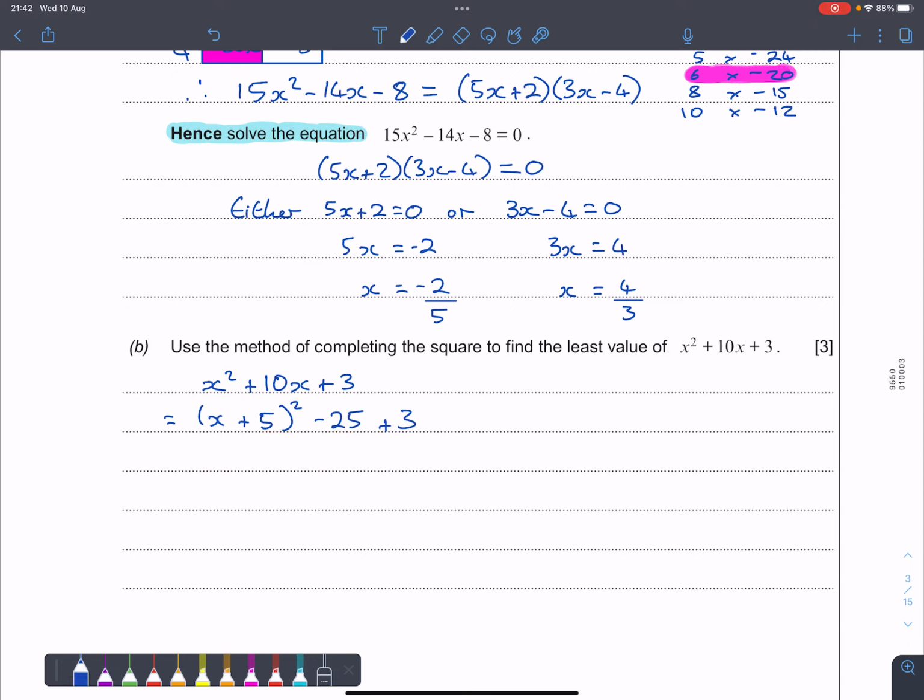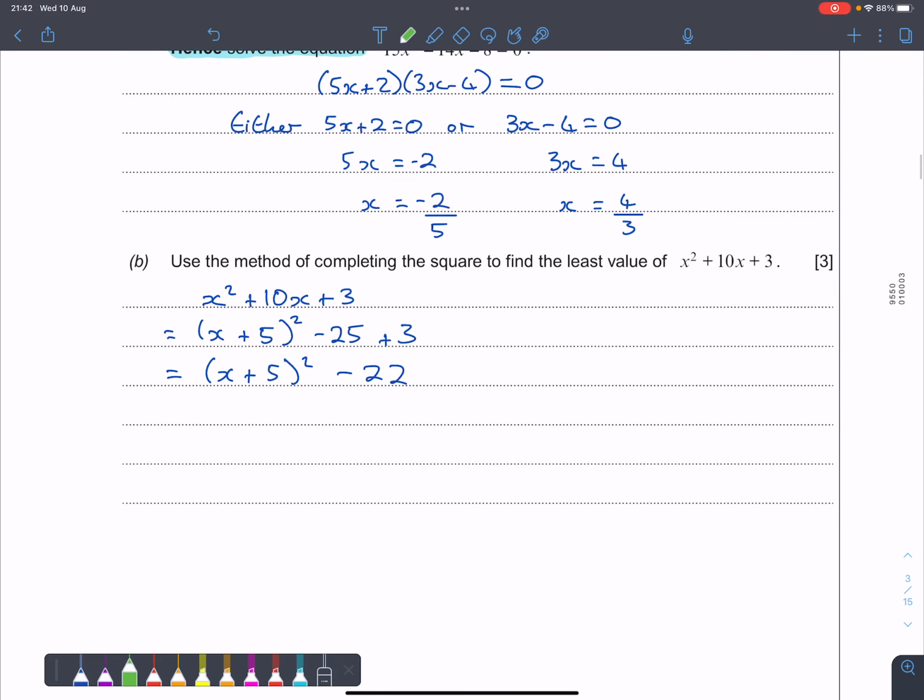Then I can tidy this up, so this is equal to (x + 5)² − 22. Both of those constants affect the graph in particular ways. The plus 5 shifts the graph 5 units left, and the minus 22 shifts the graph 22 units down.